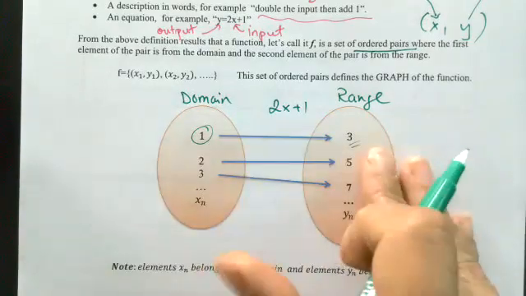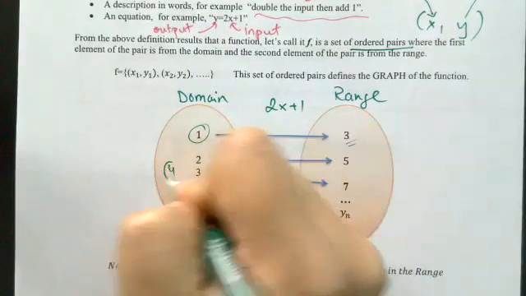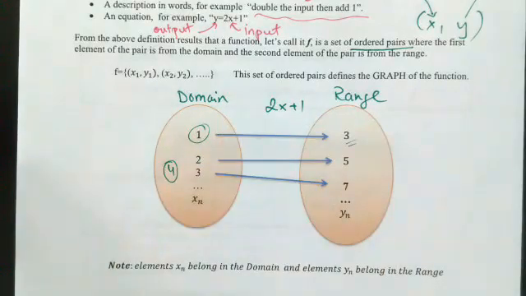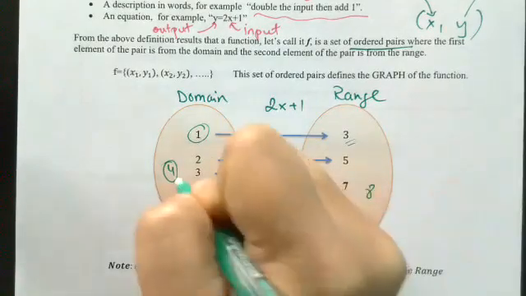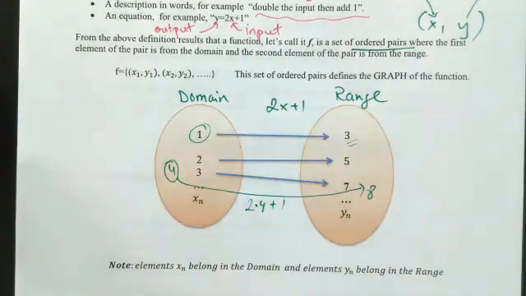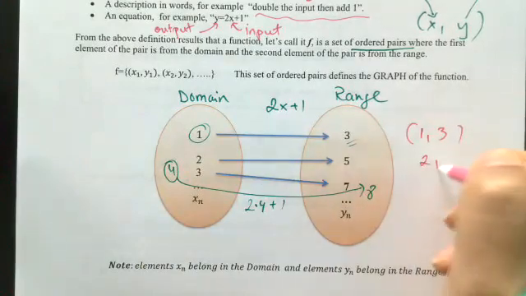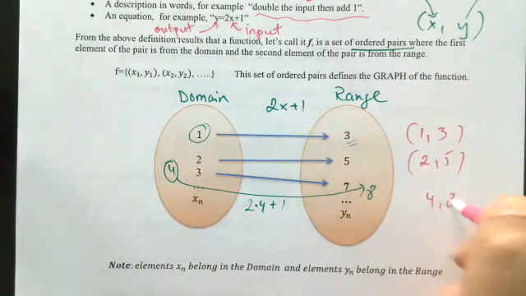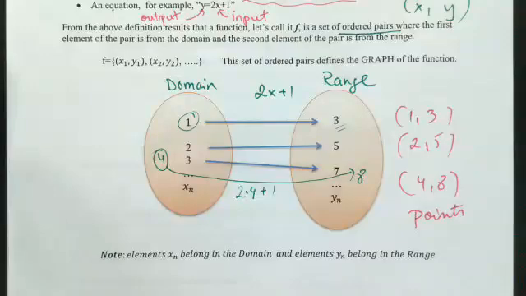So it takes me to something in the range. If I choose 4, I would say 2 times 4 plus 1, I will get to 9. So I'll have another relationship. So I will have a series of pairs: (1, 3), (2, 5), (4, 9). All of these are points on the graph of the function.